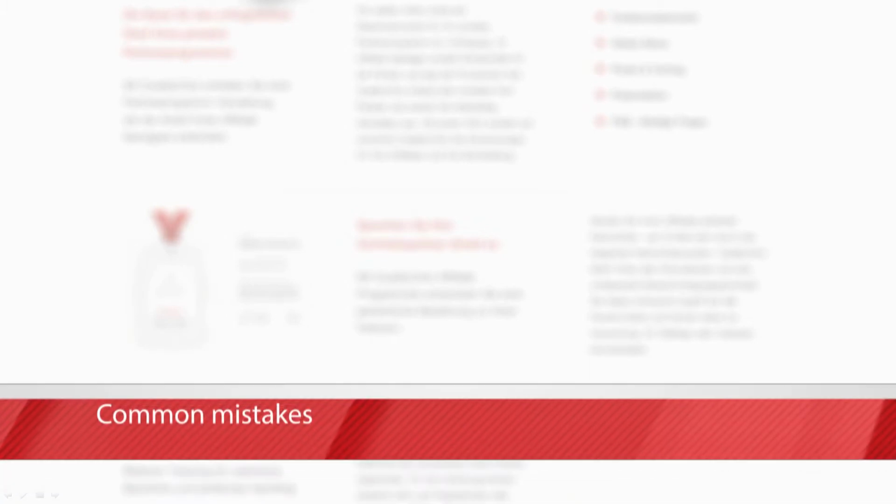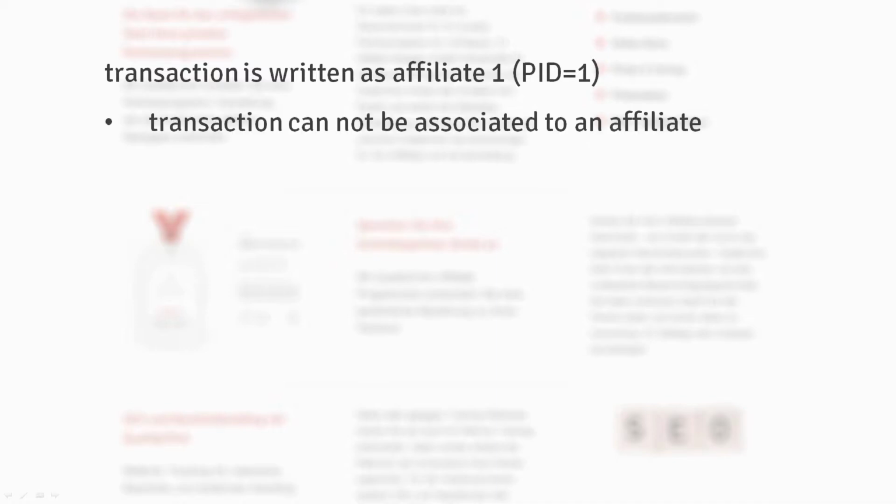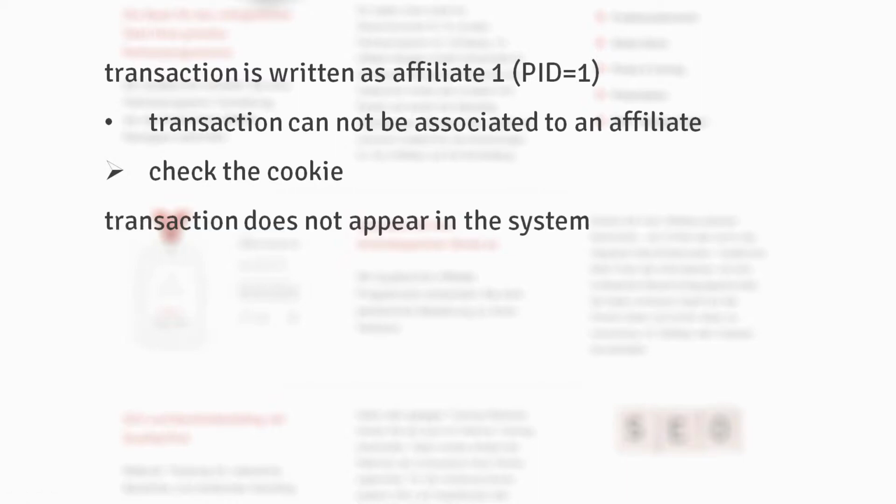First, you find the transaction within the system, but it's not for the affiliate you sought, it's for affiliate 1, or partner ID 1. That normally means we could not associate that transaction to a certain affiliate, and mostly this is because the cookie setting did not work as it's supposed to, so you need to check if the cookie is right. We do it together in a minute.